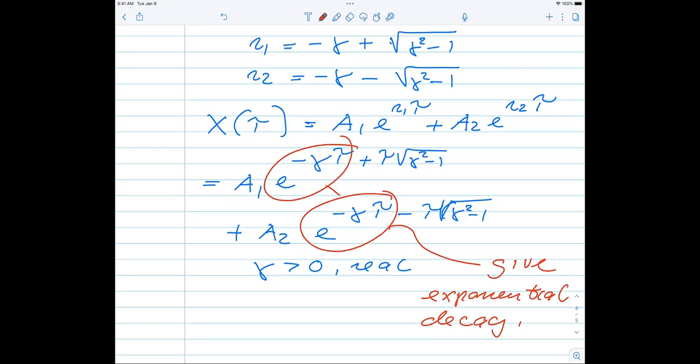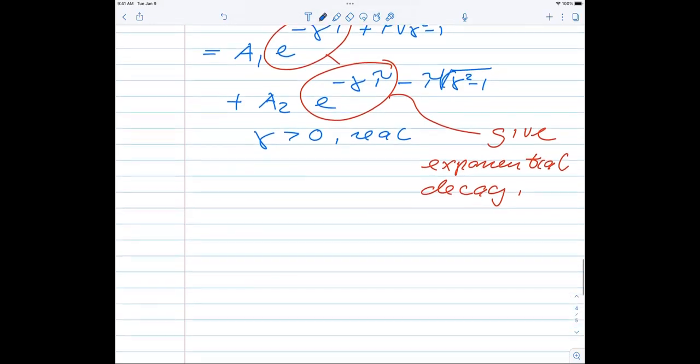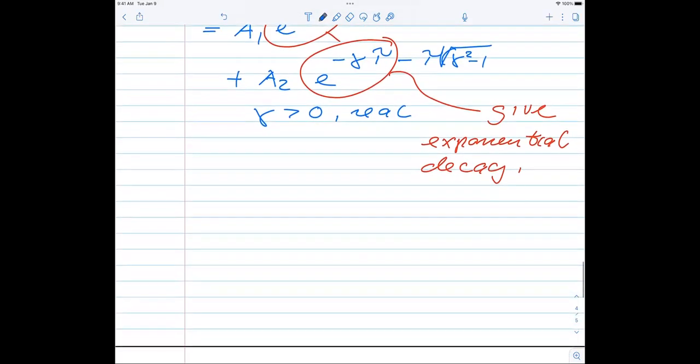So when we look at the different cases, what we are going to do now is simply go back to what we call the underdamping case. The underdamping was a case where we have an exponential decay which is modulated by this sine or cosine oscillations. So we assume now that gamma is less than 1.